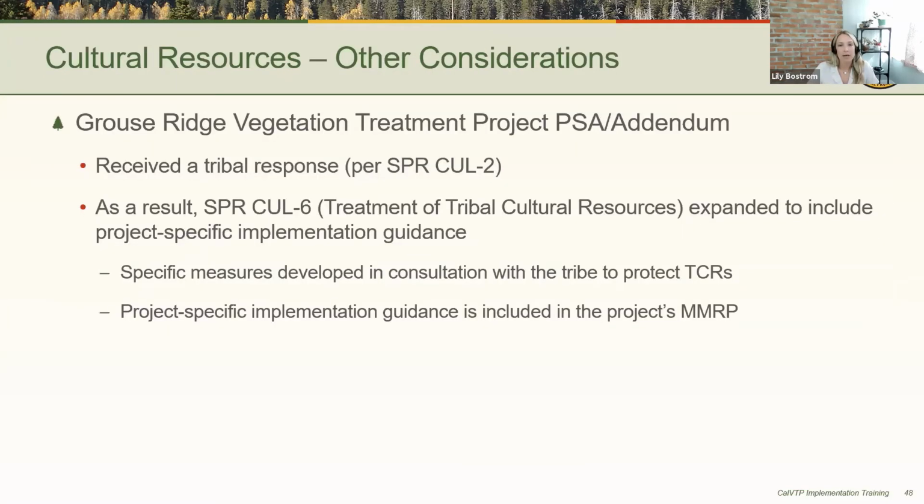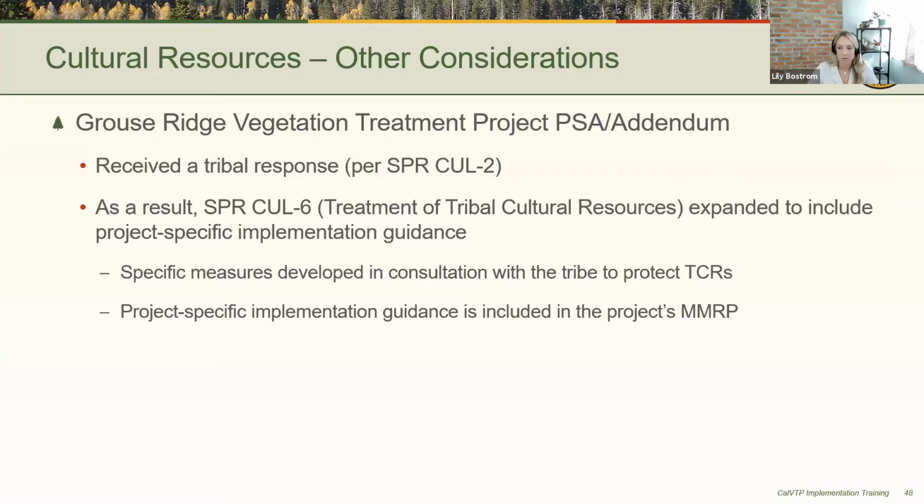So I just want to note that on a separate project-specific analysis and joint addendum we prepared, which we will be discussing later in this training, we did receive a response from a tribe from the outreach that was conducted under standard project requirement Cultural 2.